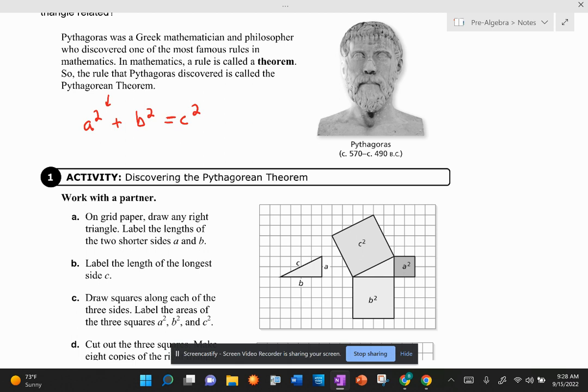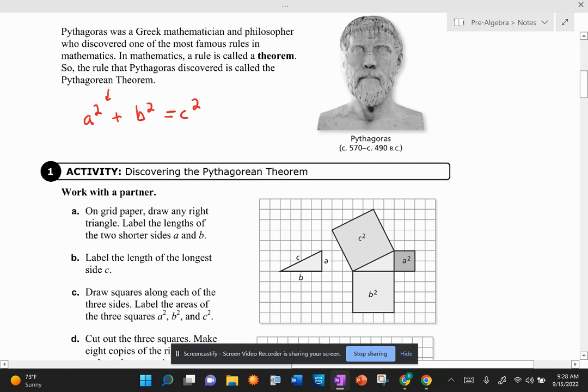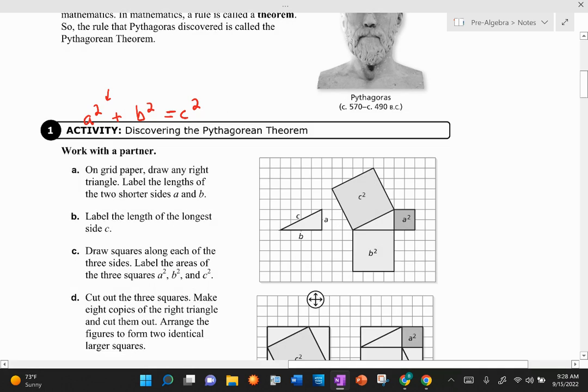Could you just replace the letters? It wouldn't change anything about the way that you do the problem. The important part is knowing C, and we'll talk about why. So if you wanted to change your letters, you would just need to make sure that you were still doing the C part correctly and putting it in the right spot.